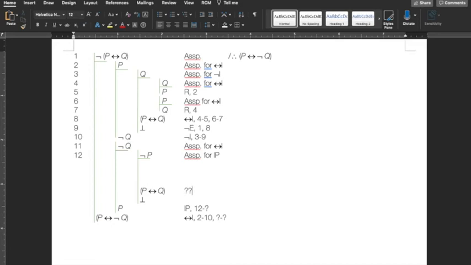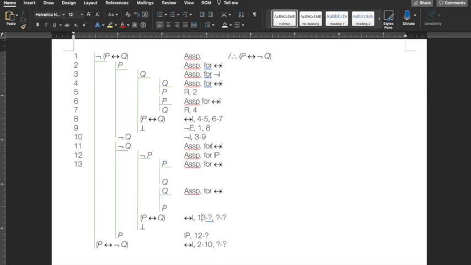And to do that, I'm going to need to try two biconditional introductions to introduce P if and only if Q again. So here's my guess about how this is going to work again. I'm hoping to get P if and only if Q and get a contradiction. So that means I need to assume Q, get P, assume P, get Q. Both of those will be by biconditional introduction assumptions.